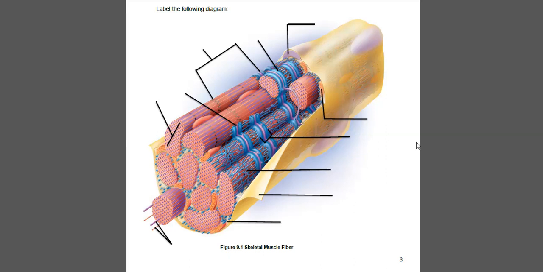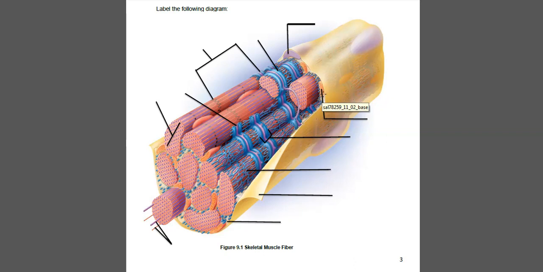It's a cell, and so it has to have mitochondria. We have mitochondria here, and here, and here, and here, and here, and here. Skeletal muscle fibers have a bunch of mitochondria because they need a bunch of ATP. And so basically anywhere we have empty space, usually packed on the outside, though, are the mitochondria.